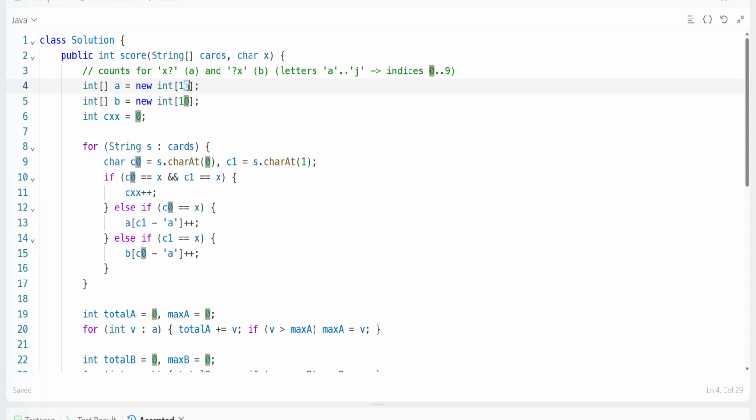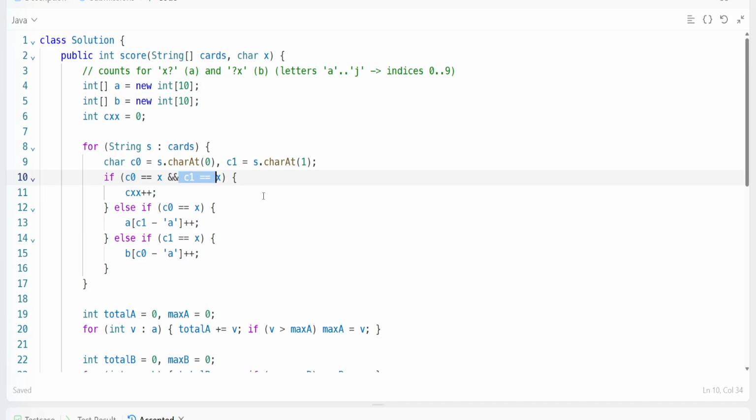We know there will be cards, and from them we take two cards, card A and card B. If two cards are compatible, both contain the given letter X, and they differ in exactly one position, that's fine.